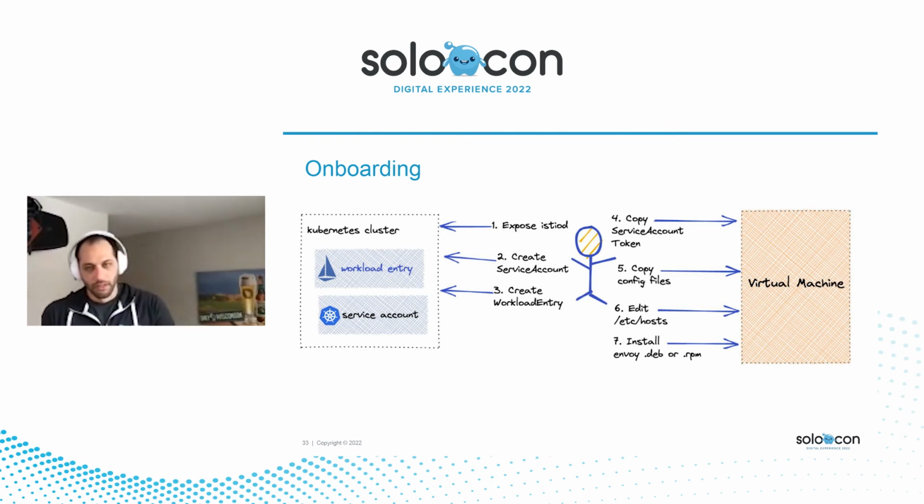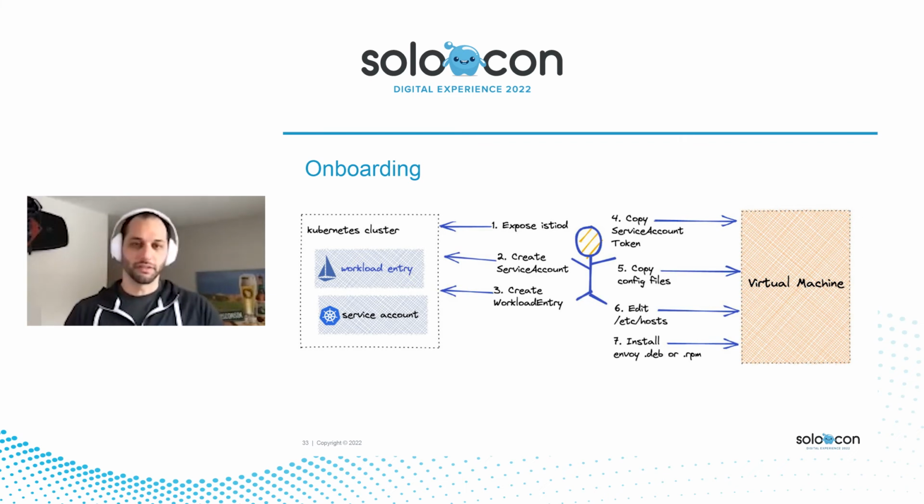Today in Istio, this is probably the number one reason why customers shy away from adding their virtual machines to the service mesh. That's because the current setup is a little bit complicated and hard to automate. I laid out here the 7 steps that are required to set up a virtual machine.